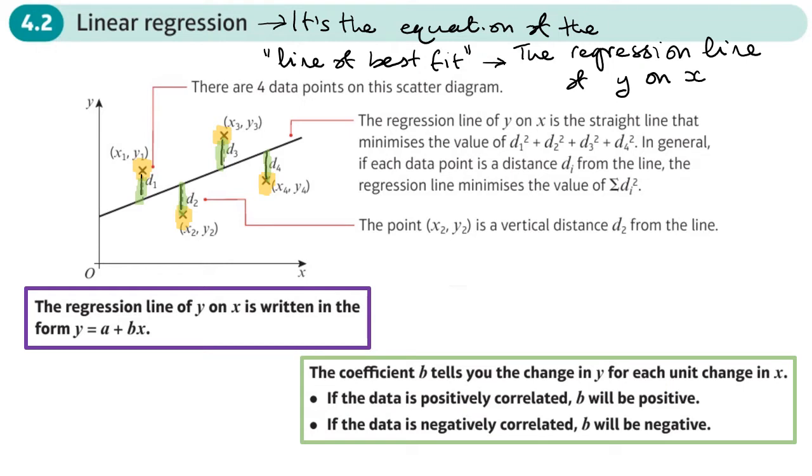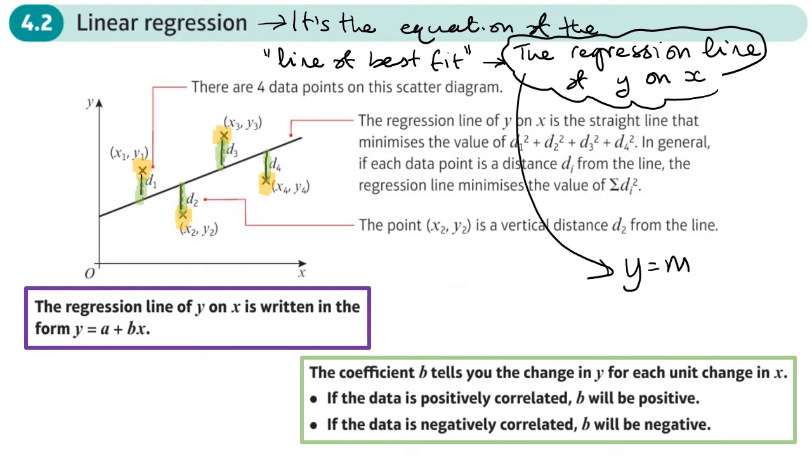Now, when we work out this regression line of y on x, it's basically going to be the equation of a straight line, so y equals mx plus c. Now we need to interpret those. So you don't just say it's the slope and the intercept.